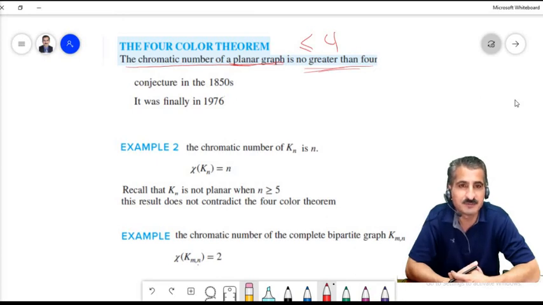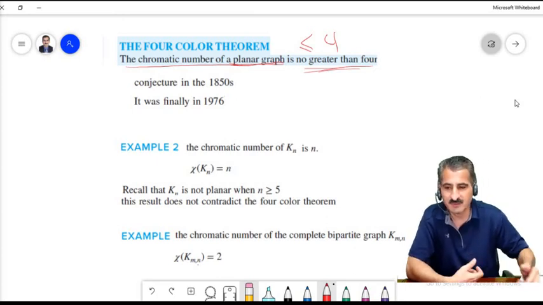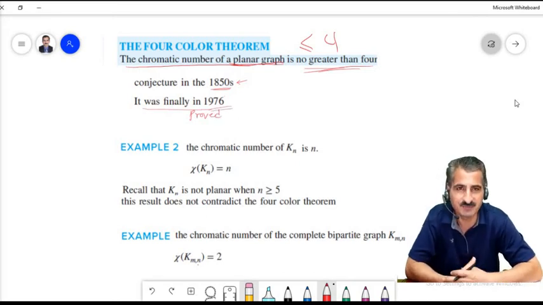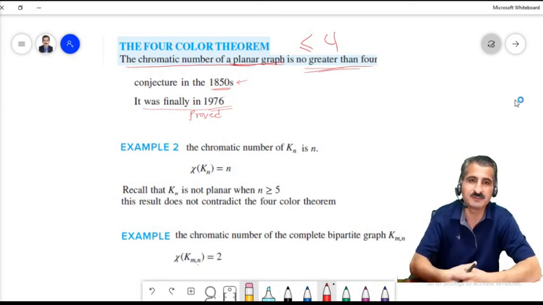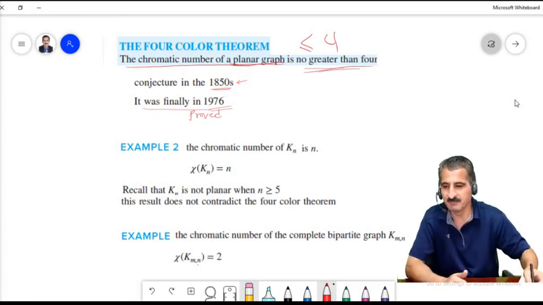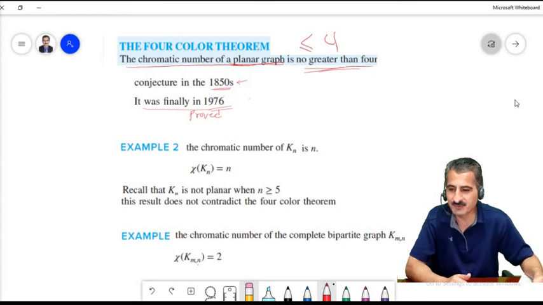This is an interesting theorem. It was conjectured in the 1850s and was finally proved 126 years after that. And there were many trials to prove this theorem, but there were mistakes that were very hard to discover. Please read from the book the story about the proof of this theorem.